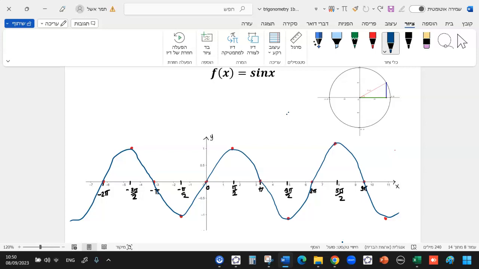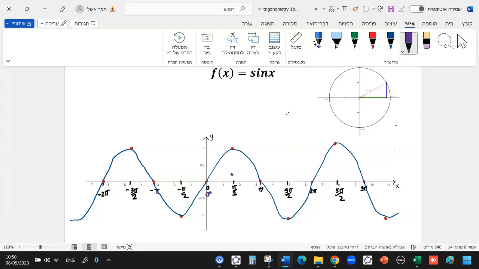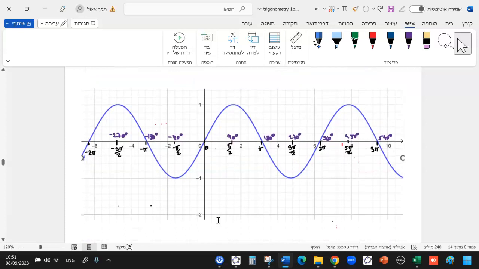If we add degrees here, this is 0 degrees, this is 90 degrees and 180, this is 270, 360, 450, 540, and so on. And here you have minus 90, minus 180, and so on. Okay, let's see a nice drawing of sine.